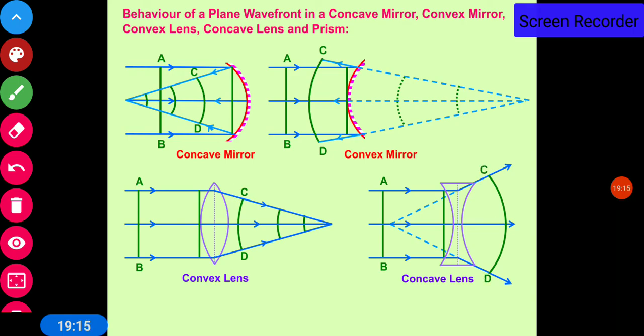So whether it is a mirror or lens, if the nature of the mirror or lens is converging, then the plane wavefront will change into a converging spherical wavefront, and if the nature of the lens or mirror is diverging, then the plane wavefront changes to a diverging spherical wavefront. So AB is the incident wavefront and CD is the reflected or refracted wavefront.